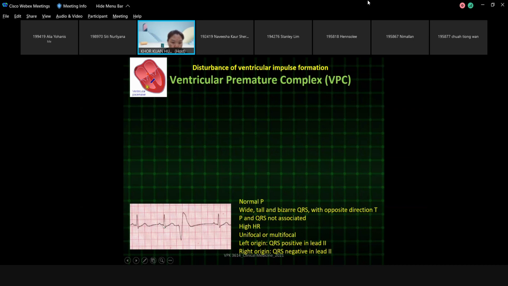This P is the same as this P. Right? You've got PQRST, and then this one gives you a very wide, tall, bizarre, weird-looking QRS with the opposite direction to the T. This P and QRS are not associated. Here there's no P and no QRS, but there's a giant complex.